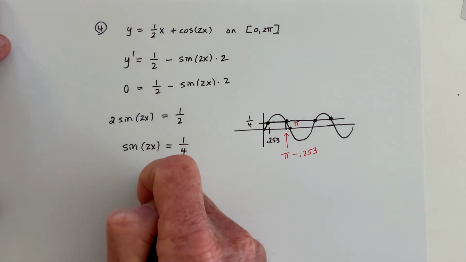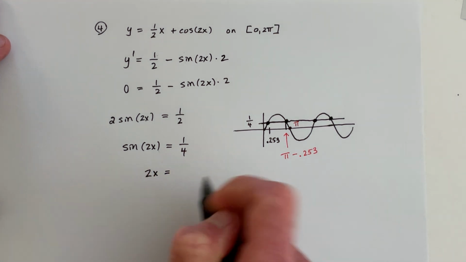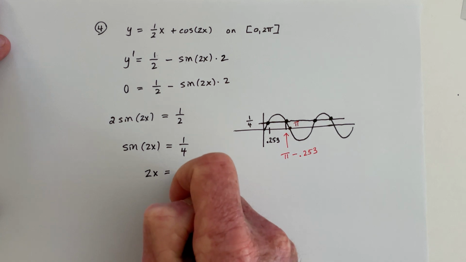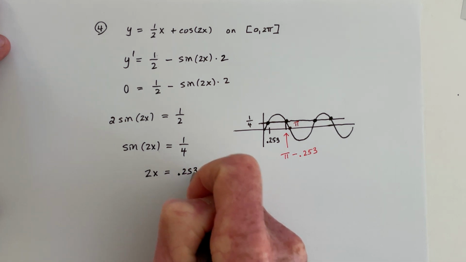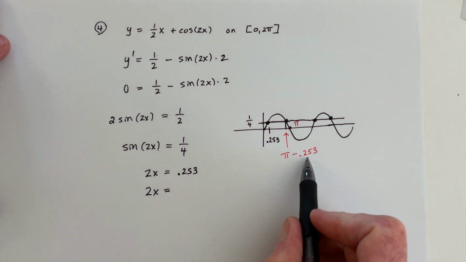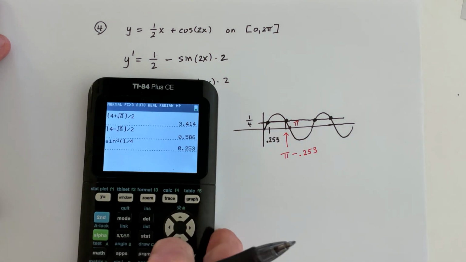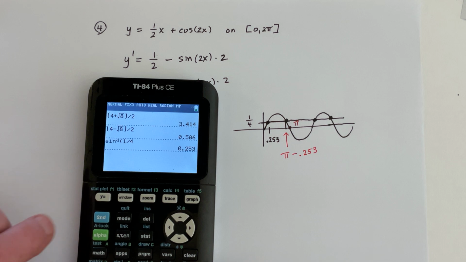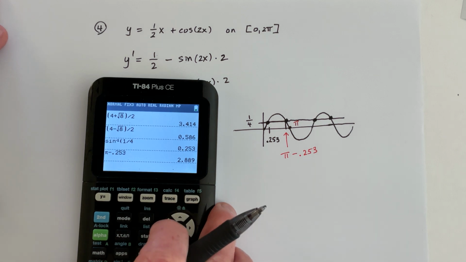All right, so one solution I got was 2x equals that first one, 0.253. The second solution I got is 2x equals this one, which is pi minus 0.253. So that's 2.889.